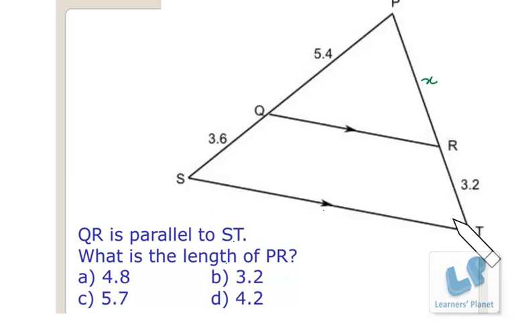Okay. So if two triangles are similar, then their sides are in ratio. So what I can see is 5.4 by 3.6 is equal to, I suppose PR is X, so X upon 3.2.